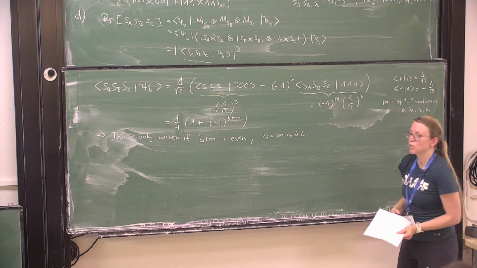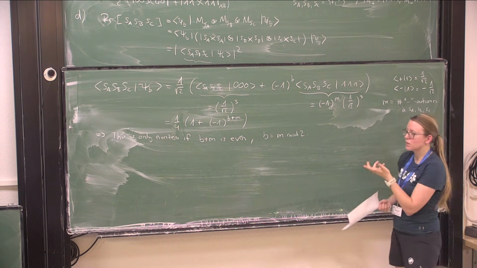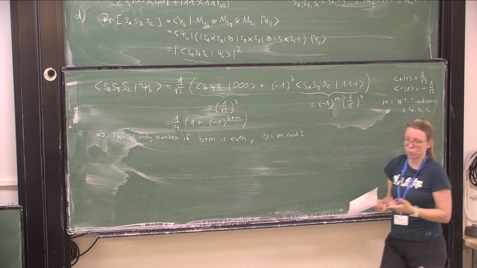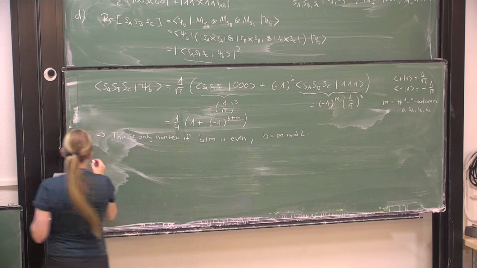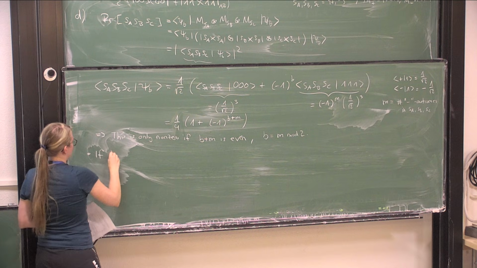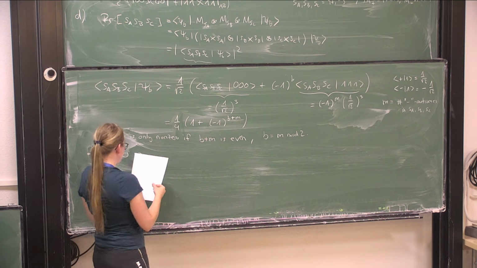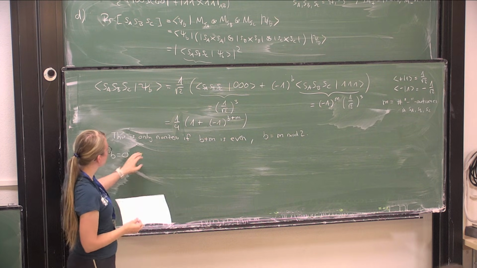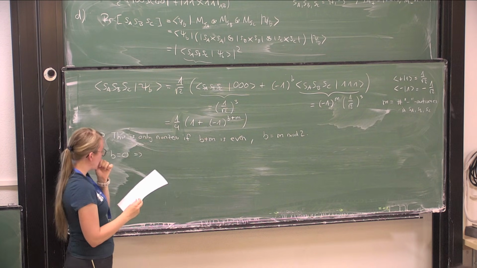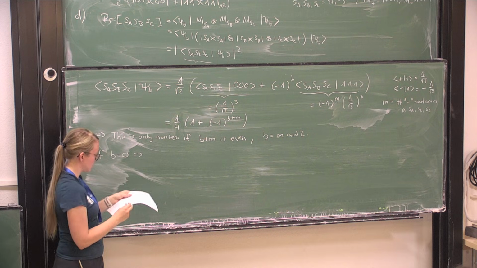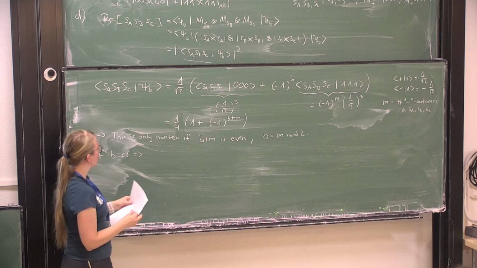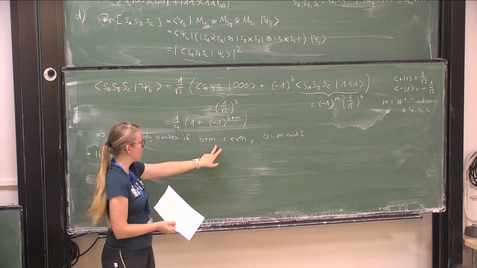That means we have two cases. Like the secret b, it's a bit, it can either be 0 or it can be 1. So if b is equal to 0, then for b plus m to be even, m must be even.